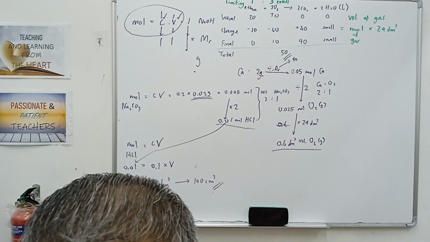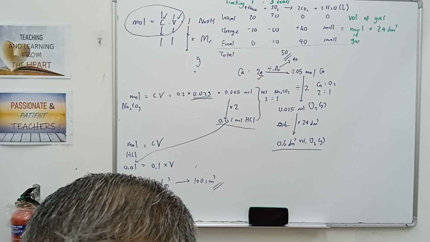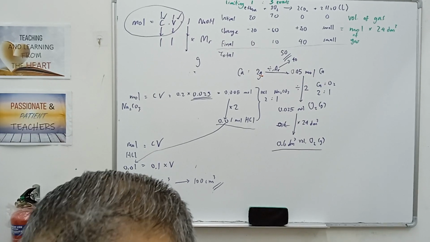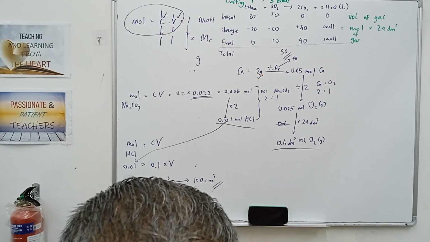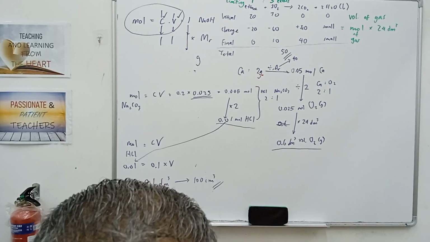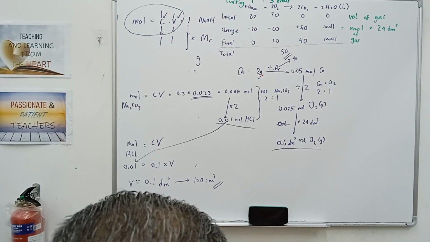17, glucose. How many grams of glucose are added to 50 cm cube of water to make a solution of concentration 0.4 mole per dm cube? What are you given? Volume 50, concentration 0.4. Come on, by this time you should only think of one thing. Mole equals concentration times volume.